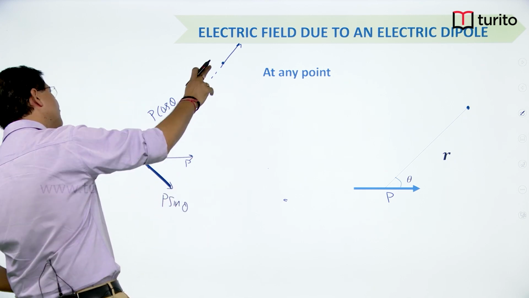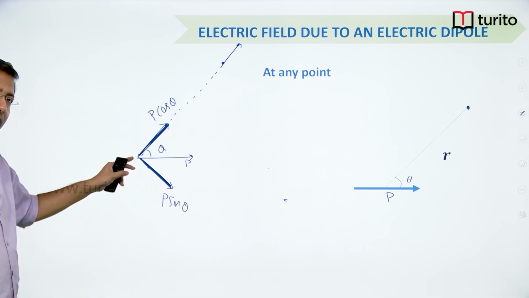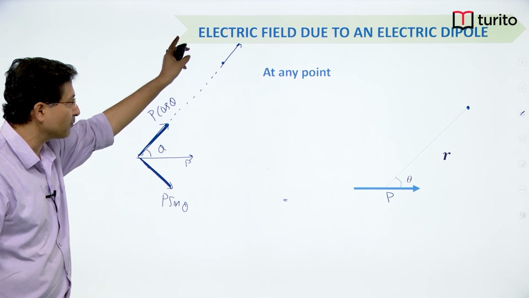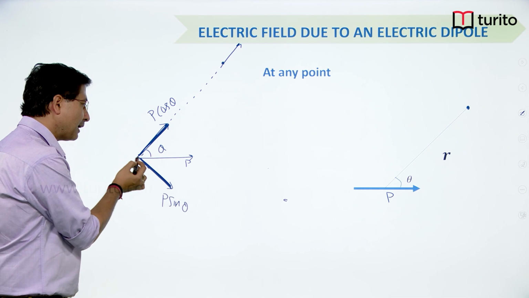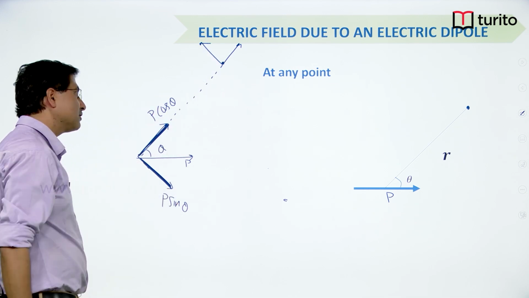So, this will create field in this direction, while for the bisector the direction of field is opposite to the direction of dipole moment. So, here we have the dipole moment in this direction and the field will be opposite to the dipole moment, this way.